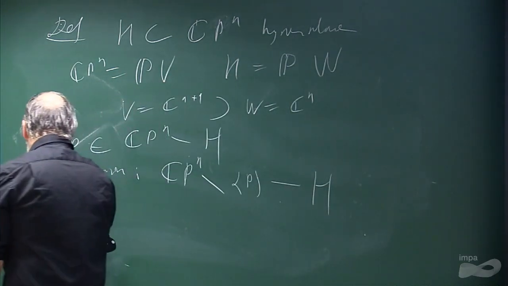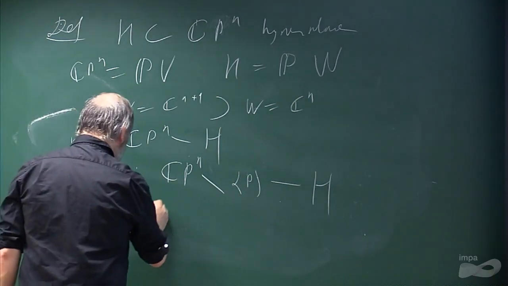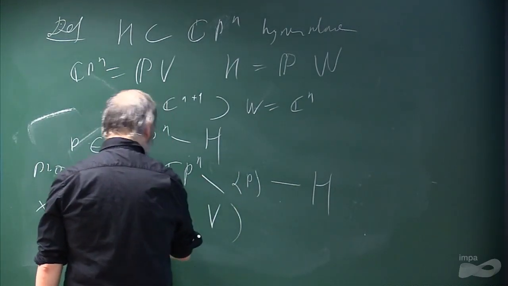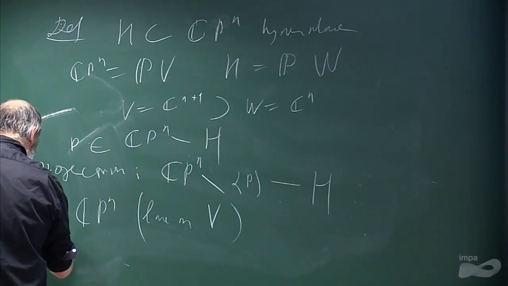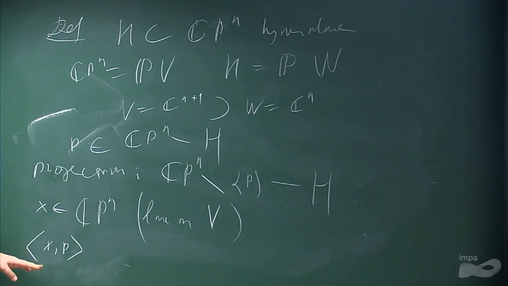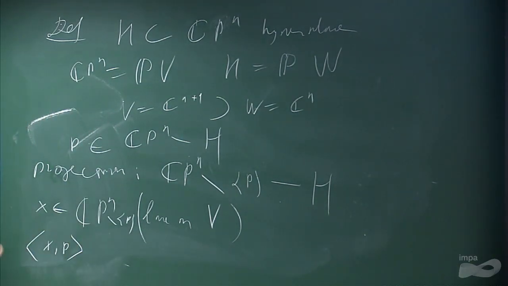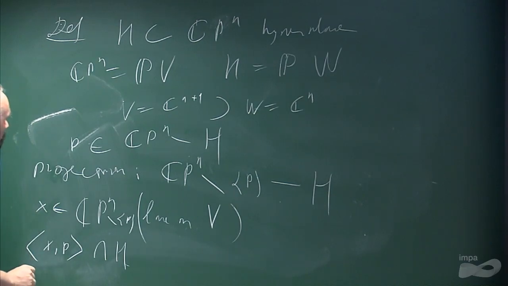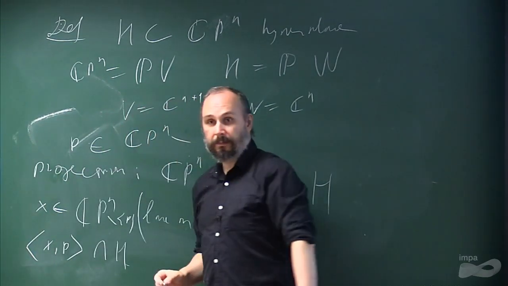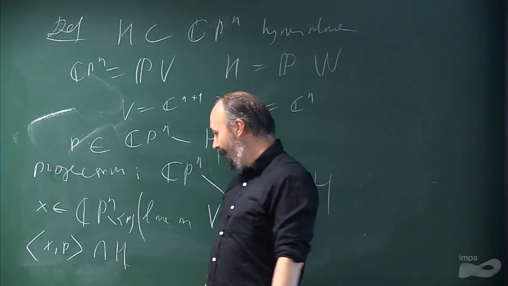If you have some X inside CP^N, it's a line in V. We take a two-dimensional space generated by X and P. It's always two-dimensional, since X is not P. And then we intersect it with H. So it cannot belong to H because P doesn't belong to H. Then this intersection has to be one-dimensional. It is a line.